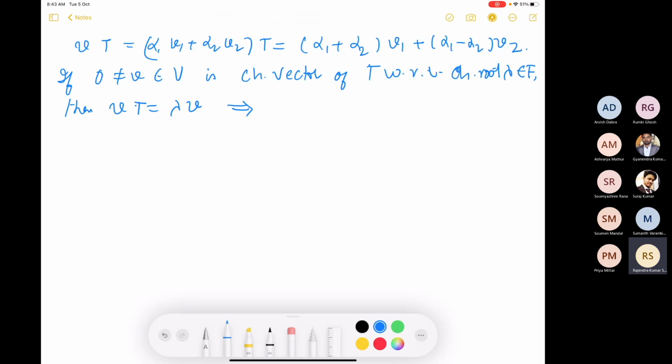Here in this context we write this as lambda v.